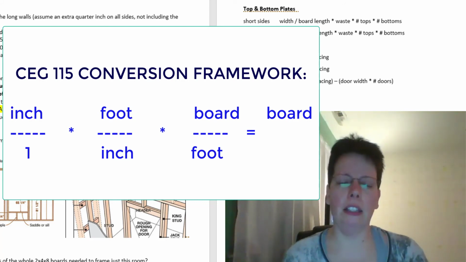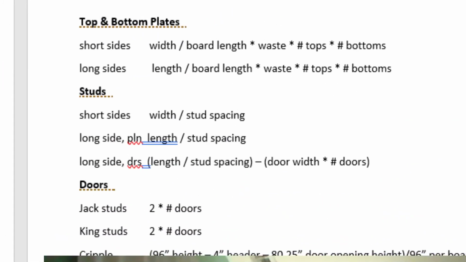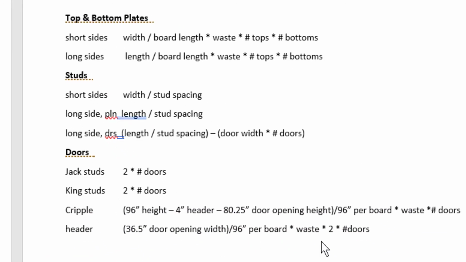You basically take the length of the side of the room divided by the stud spacing. Now, if the width is given in feet, you can't just divide by 14.5 because that's inches. So you need to convert that into feet and then do the division. That will give you a number. It won't be a round, nice, even whole number, but that's okay. You don't need it to be. In fact, you want to add up all of those because that's how you're going to get the number that you need at the end.